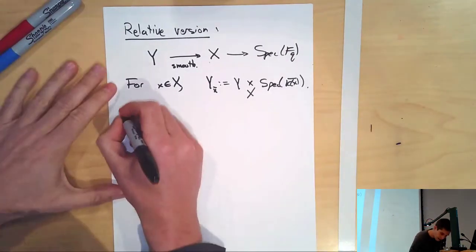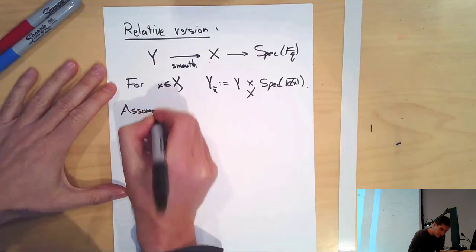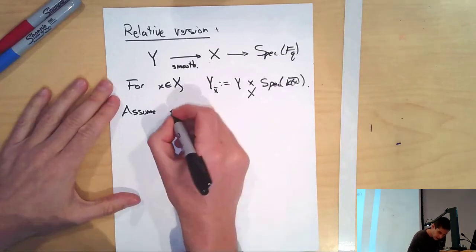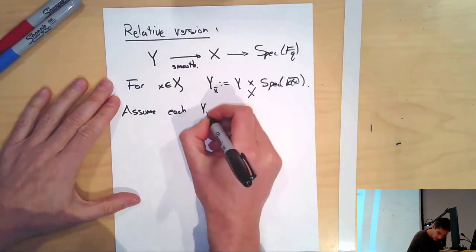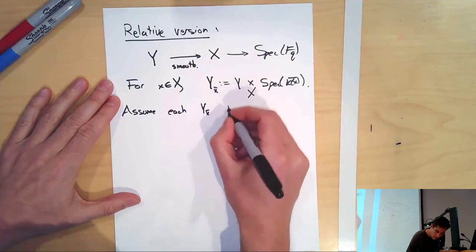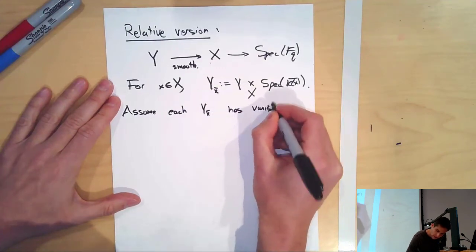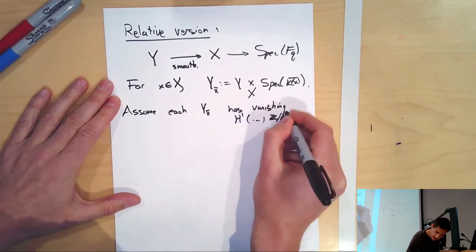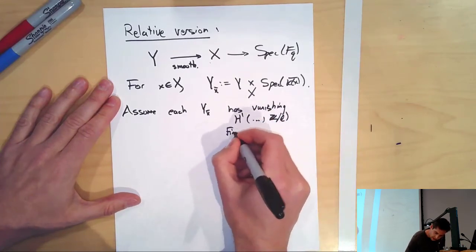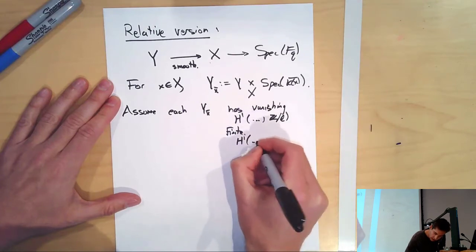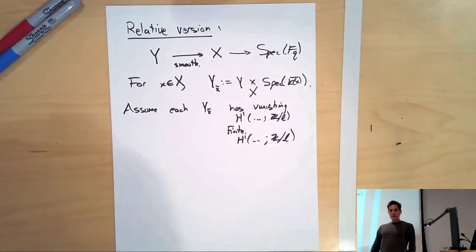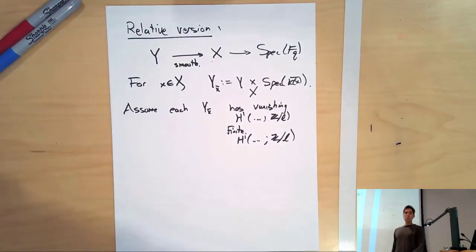So now, in order for everything to work nicely, I need to make a lot of assumptions about how nice Y is. So I'm going to assume that each Y_x bar has vanishing H1 with Z_L coefficients. I'm going to assume that it has finite Hi with Z_L coefficients. And moreover, I want to put myself in a situation where these L-adic homotopy groups live in finitely many degrees.